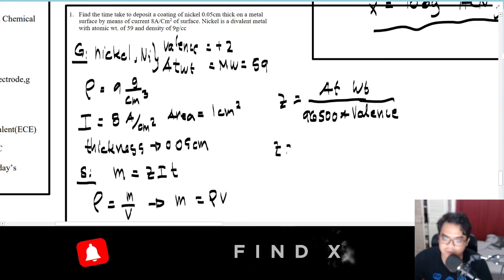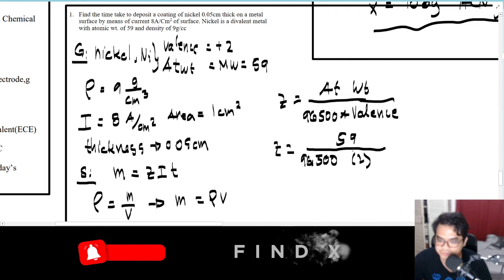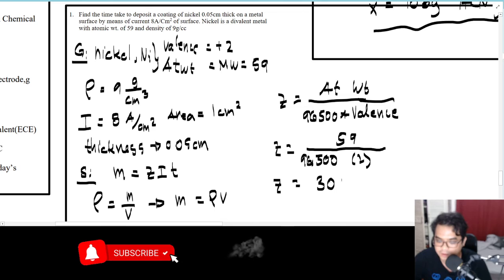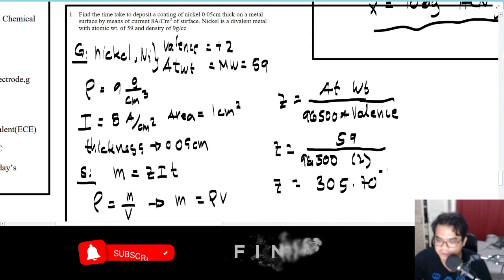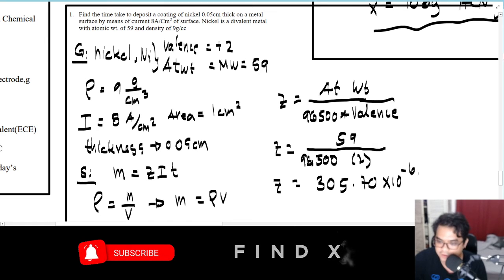So Z is equal to the atomic weight, which is 59, over 96,500 times the valence. Getting Z is equal to 305.70 times 10 raised to negative 6 grams per ampere second.